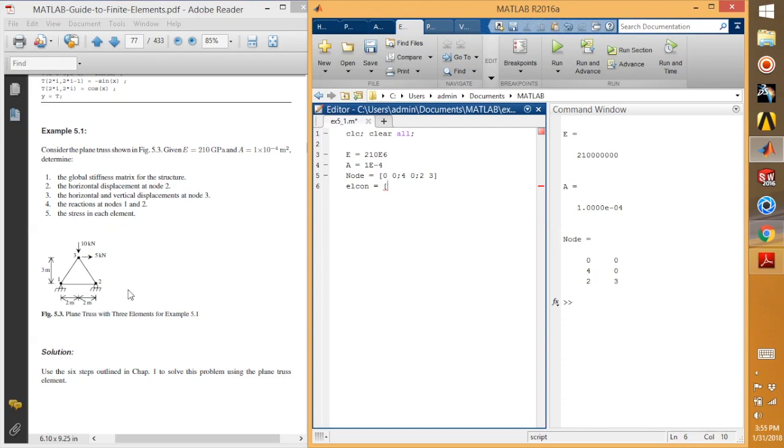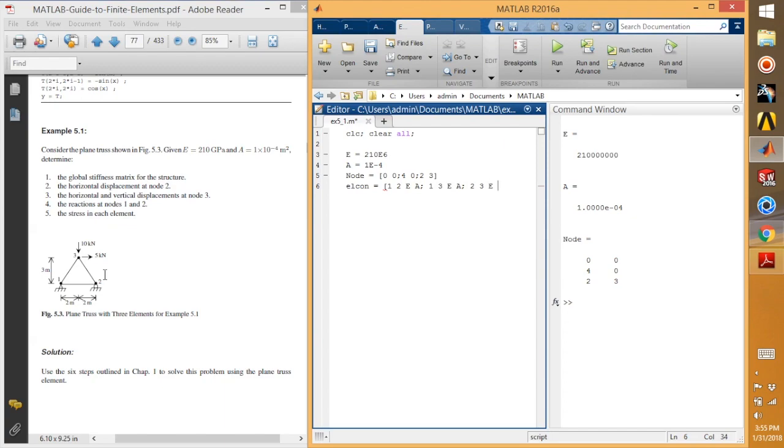E and A will be common for everyone. So this is my first element. Second element is connected to 1 and 3. You can choose your own element numbering. I have chosen 1 for this one, then 2 and 3. So the second element for me is 1, 3, E, A, and the last one is 2, 3, E, A. So you are getting element connectivity.